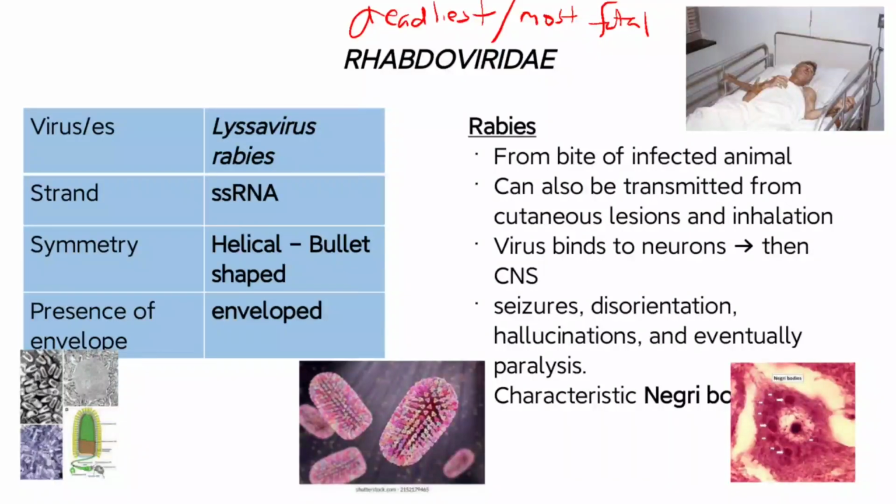So ganun yung sinasabi nila. Okay? So agad siyang pupunta sa neurons and then pupunta siya ng central nervous system. So pag nakapunta na siya doon, kakaroon ng seizures, disorientation, lilitaw na yung hallucination, and eventually paralysis.